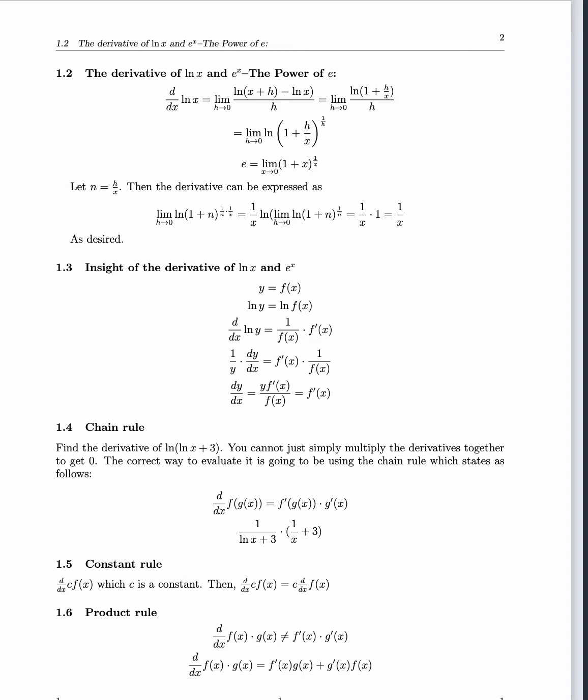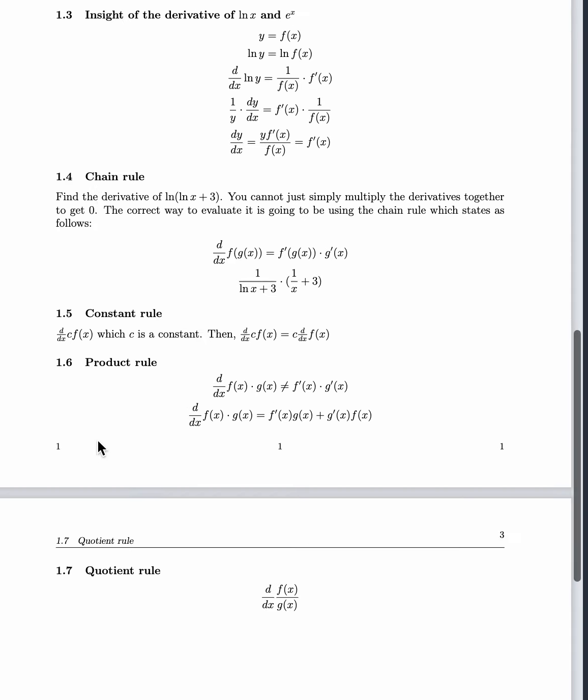Let's say we have d over dx, the derivative with respect to x, of f of x over g of x. Then how are we going to solve it? This one is kind of tricky to remember in the first place, but you start to get used to it.